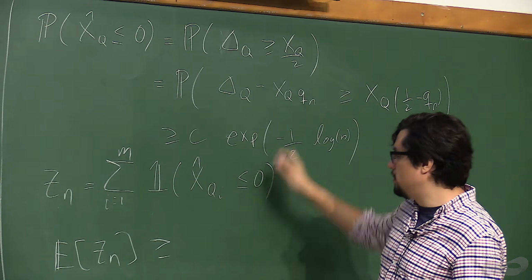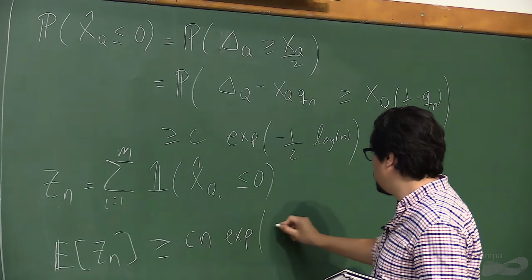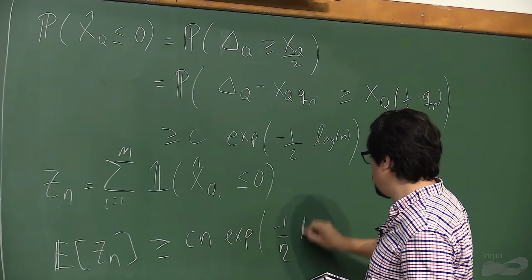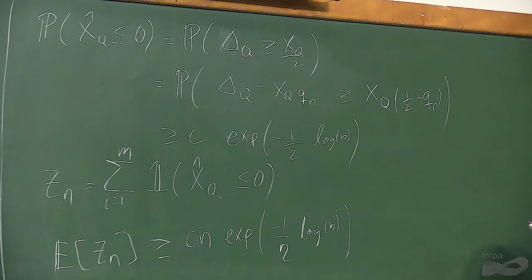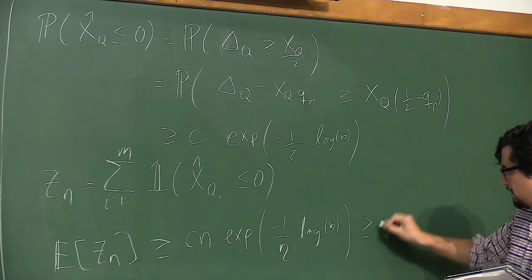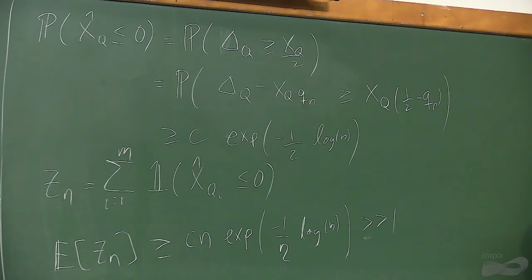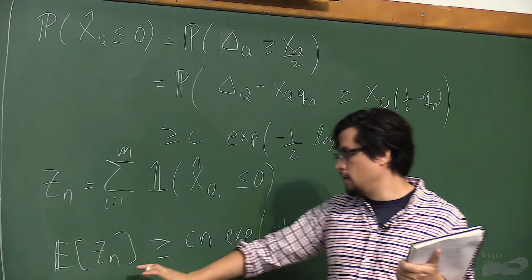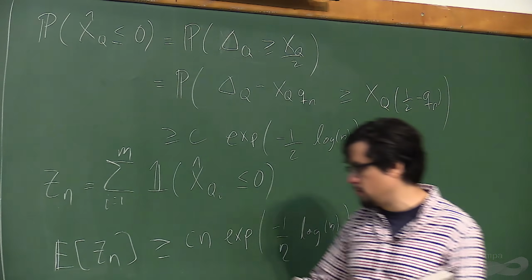So we can lower bound this as c times n exponential of negative 1/2 log n, which is much bigger than 1. So in principle, this random variable is likely to happen because the expectation is much greater than 1.